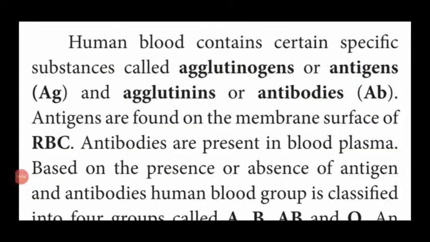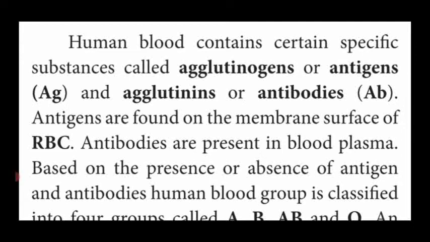Dear students, human blood contains specific substances called agglutinogens or antigens. So our blood groups have different antigens, or agglutinogens, symbolized as Ag, and agglutinins, which are antibodies.